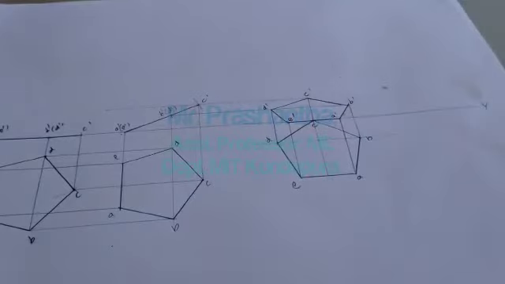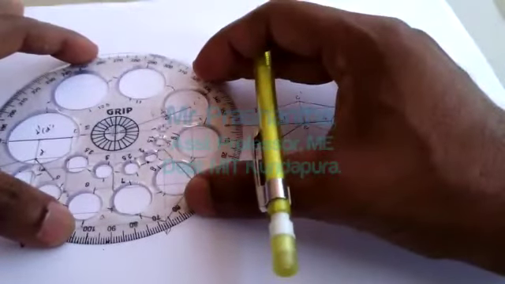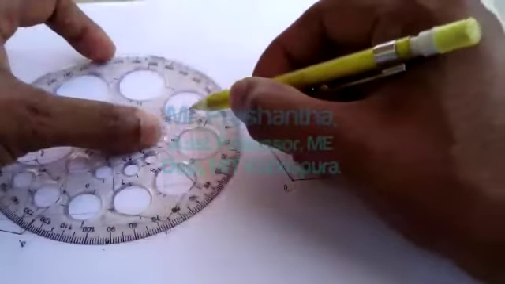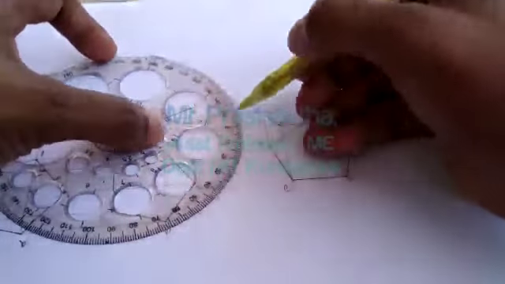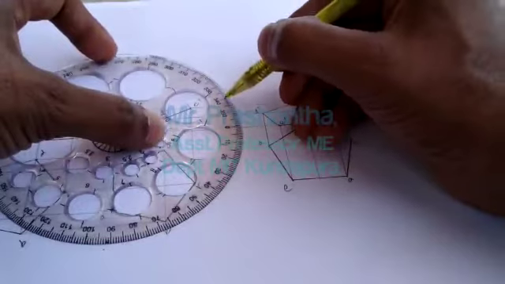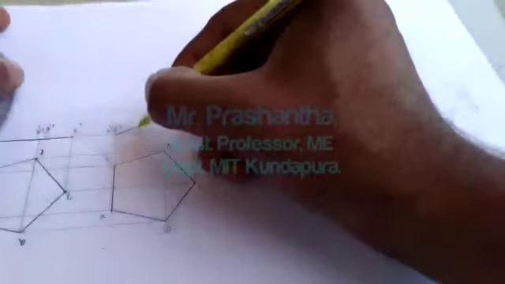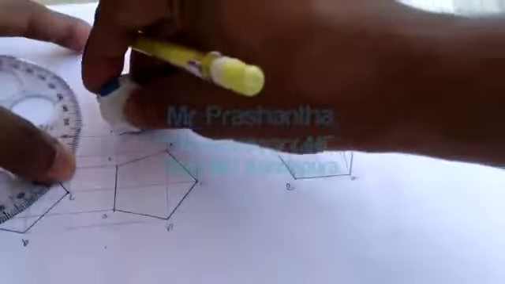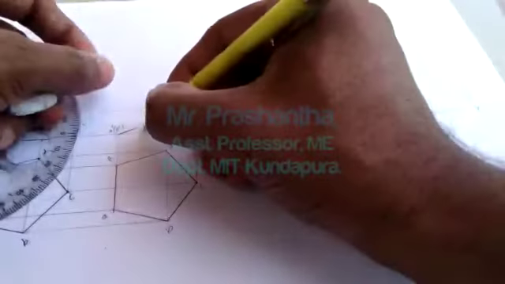Now measure the angle with HP, the inclination with HP. Extend this one and get the angle here, about 22 or 23 degrees.